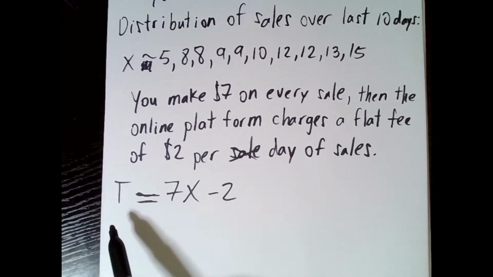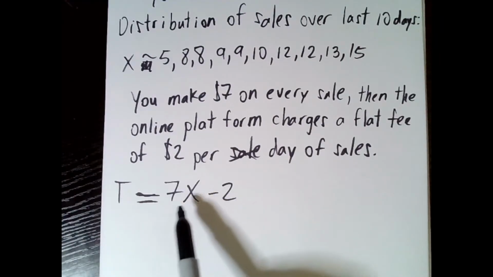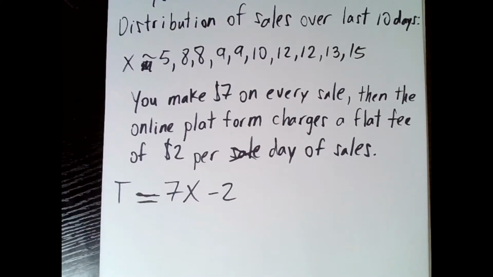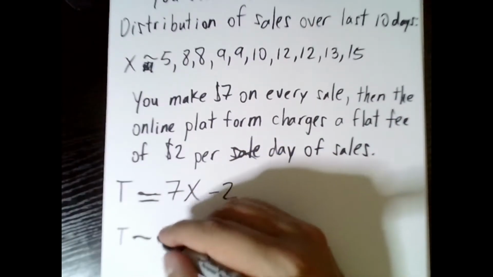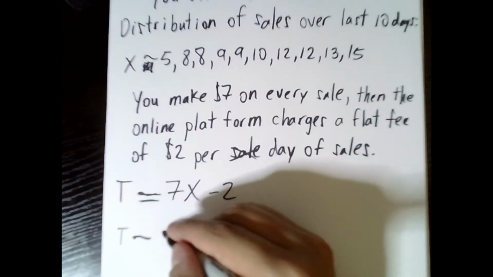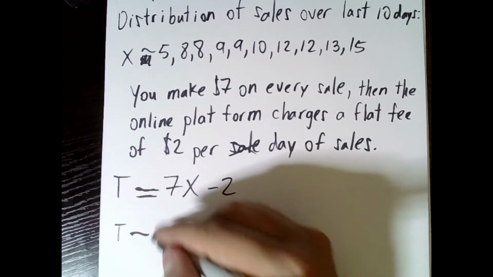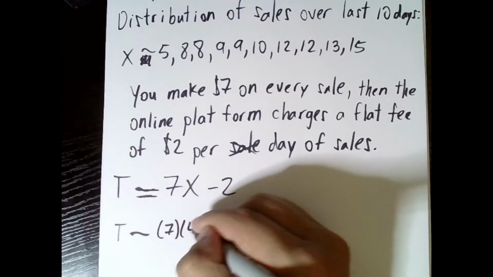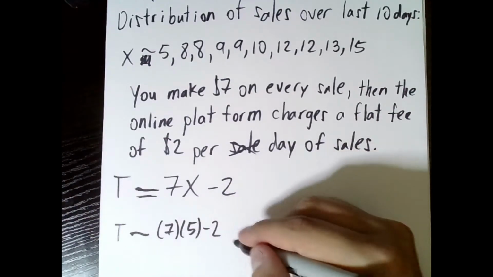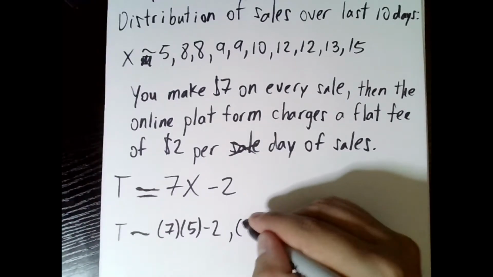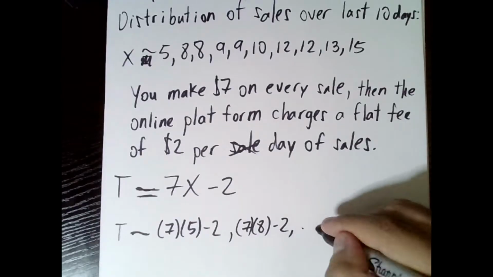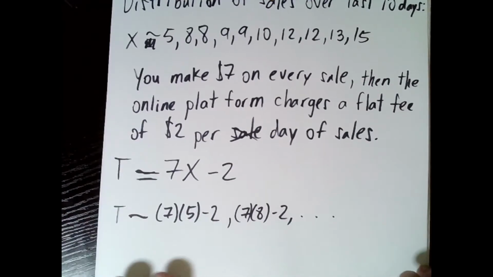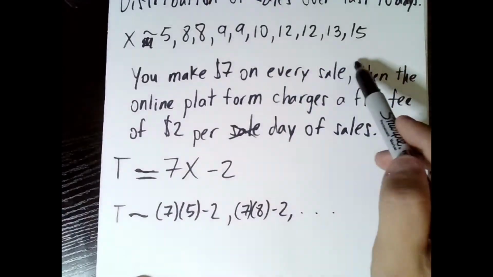So t as a function of x is just 7 times x minus 2. I'm going to do this very explicitly. t is distributed as, well, I'm going to take each value, so 5 as the first value, multiply it by 7 and then subtract 2. Then I'm going to do 7 times 8 and subtract 2, and so on. That's what I'm going to do to each value up here.